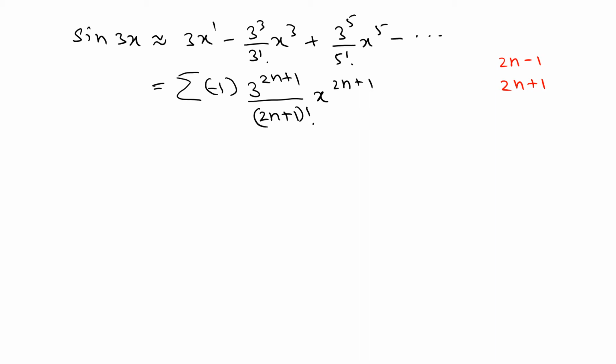You should get 1, which means you have to start with n equals 0, and then you also get a positive term in front. If you started with a negative one, it would be n minus 1 plus 1. So that is the summation for the Taylor Maclaurin expansion.